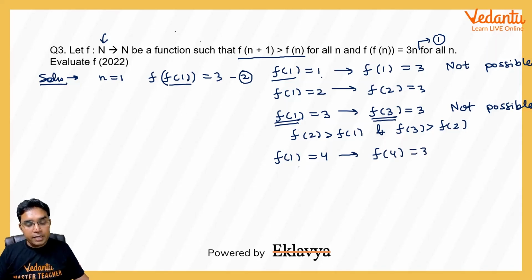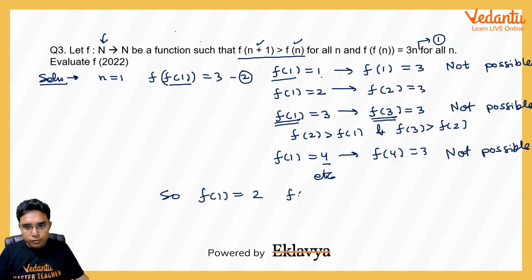But it is definitely not possible, because f1 being 4 and f4 being less than 4 is not possible, since our function is strictly increasing. So this is not possible, and similarly I think other values are also not possible. Hence I can say my f1 has to be equal to 2 only and f2 has to be 3 only. So I think these two things at least we have found.